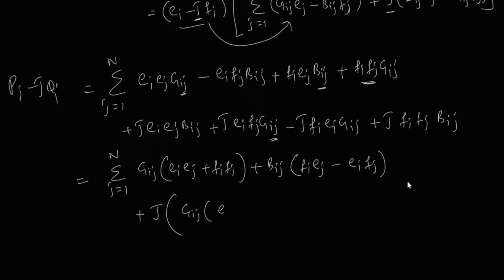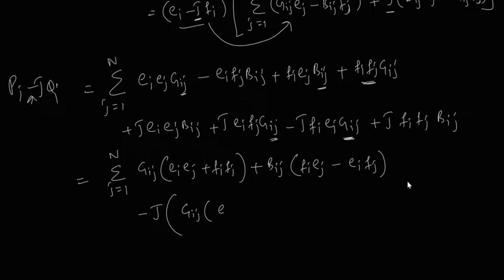Did I go anywhere wrong? Please correct me. Gij, so this is Fi, minus, let me put minus here, because I have minus here, let me take minus outside. It is a bit confusing. Okay, let me put minus outside.